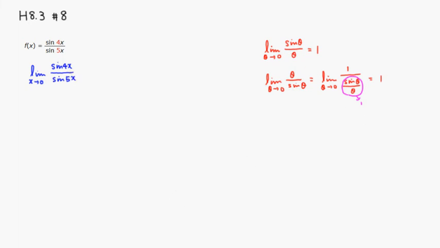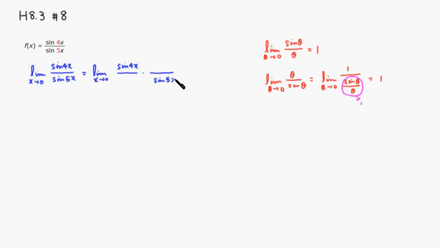Let's tweak this a little bit. Take the limit as x approaches 0, and split this fraction into two fractions. One of them has sine of 4x on top, and the other has sine of 5x on the bottom.